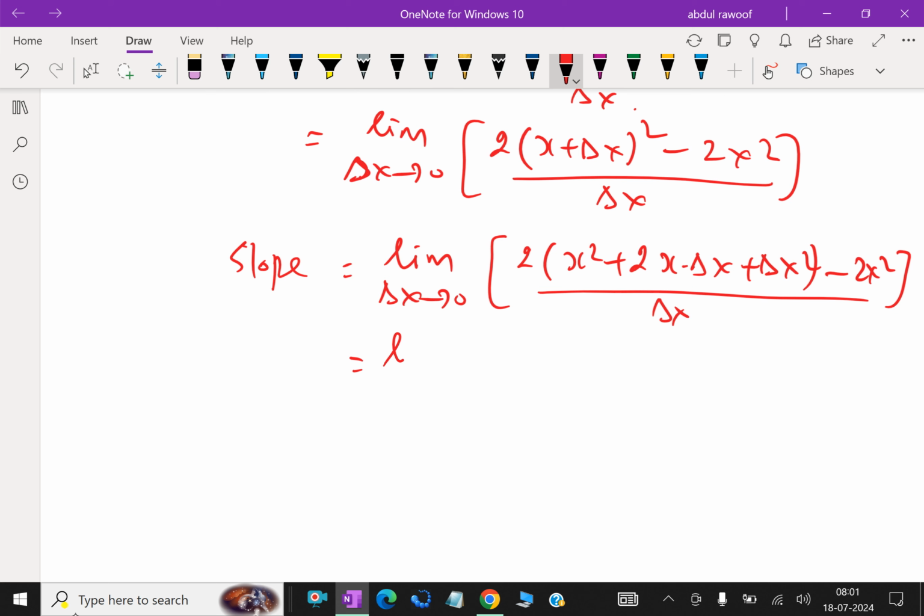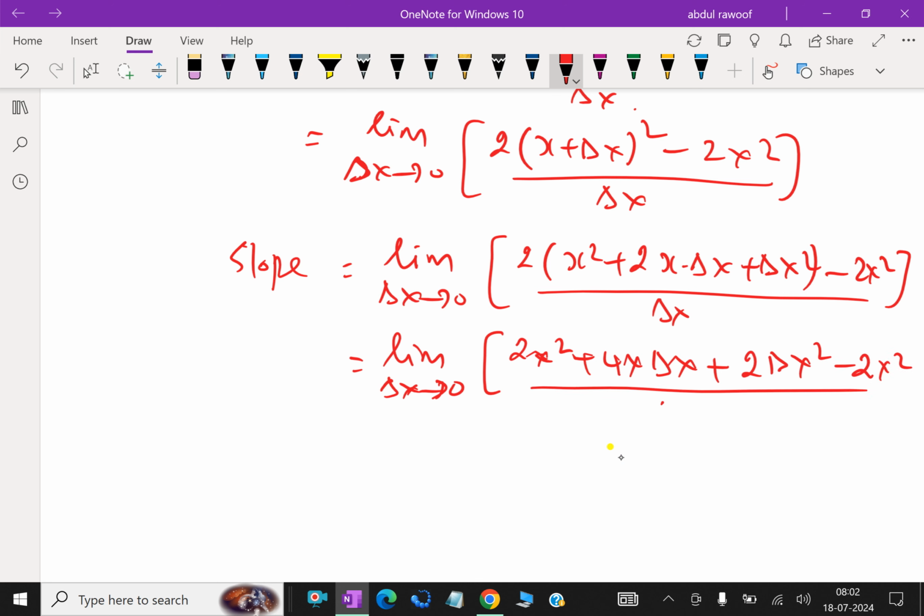Now, opening this out, 2x squared plus 4x delta x plus 2 delta x squared minus 2x squared over delta x.